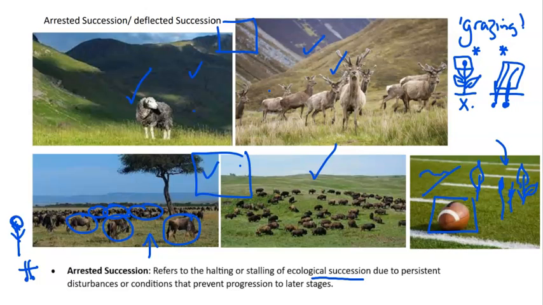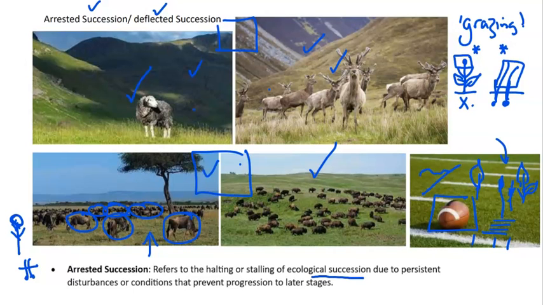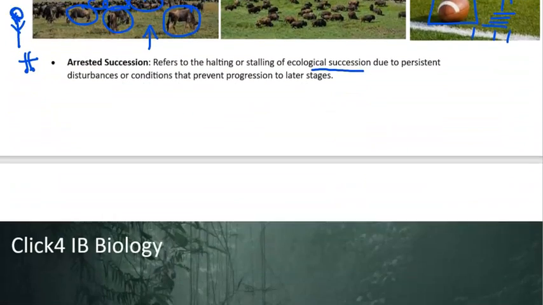But because of the vigilance of your ground staff, they cut the grass every day or so, keeping it short, and it's in effect acting just like a herbivore would do, with the grass growing from below the surface. Arrested succession, where it's deflected from the natural sequence by the presence of grazing organisms.